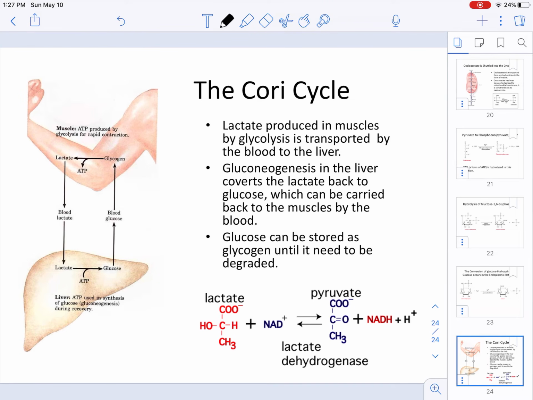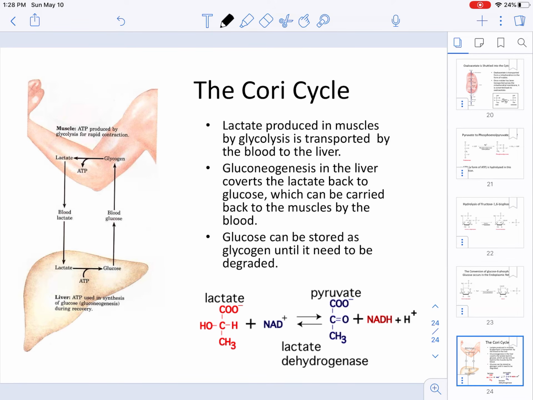You may ask yourself, how are we able to convert lactate to pyruvate? Well, there is an enzyme that is called lactate dehydrogenase. Lactate dehydrogenase is going to take lactate, and as you can see, this is an oxidation reaction in which we can take lactate and convert it to pyruvate.